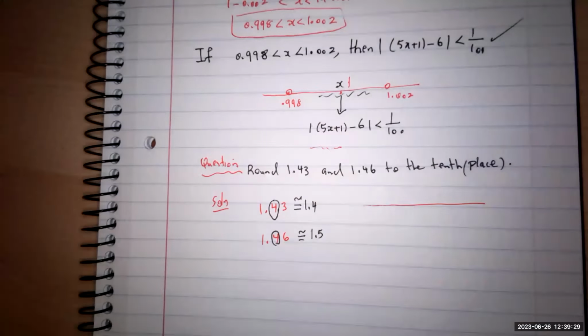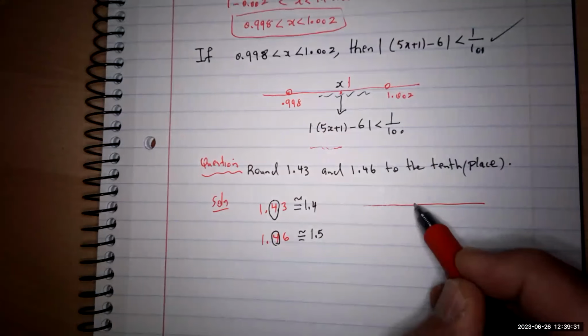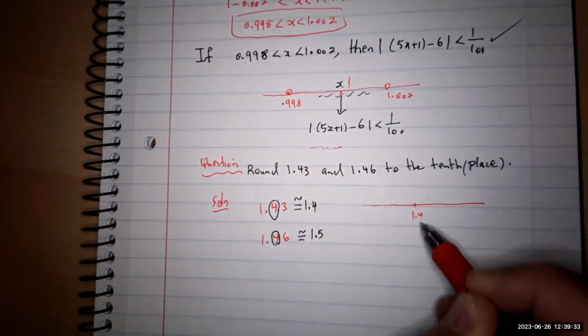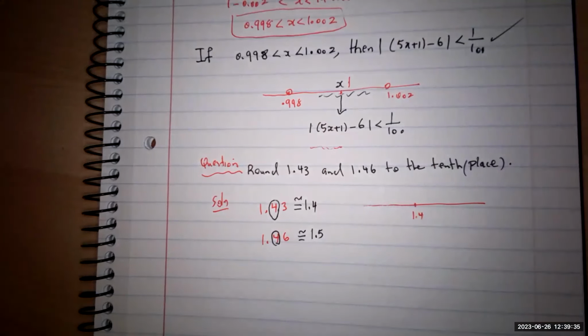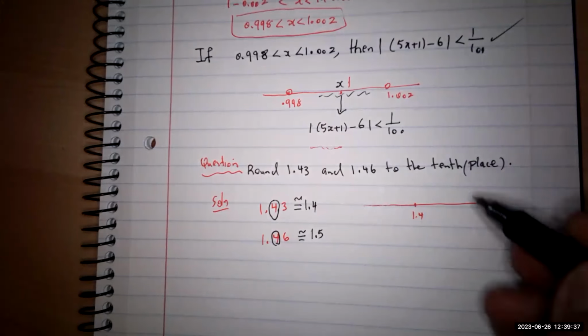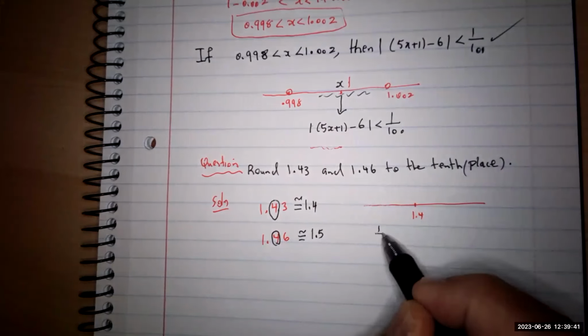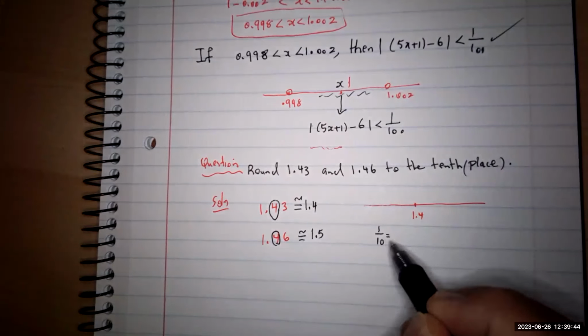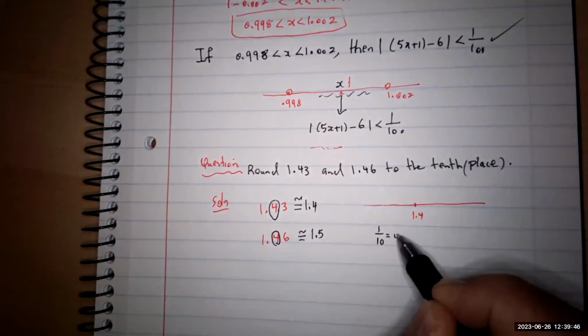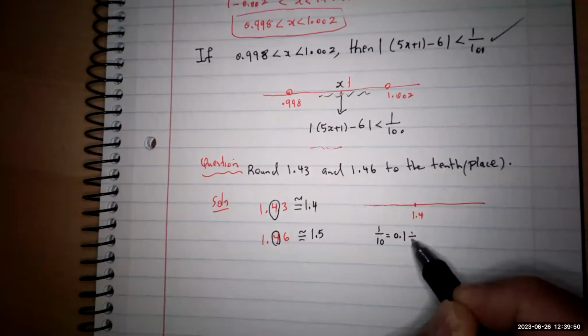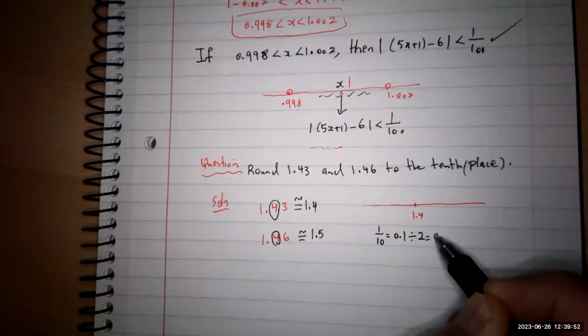This is exactly what we did for the limits. This is 1.4. So when we say to the 10th place, you see that's a 1/10. If you divide it by 2, that gives you 0.05.